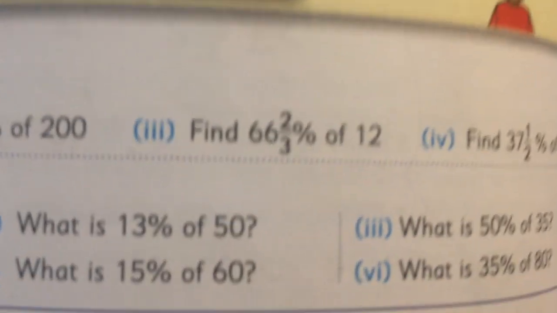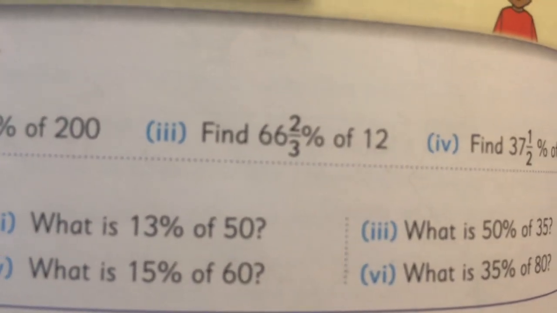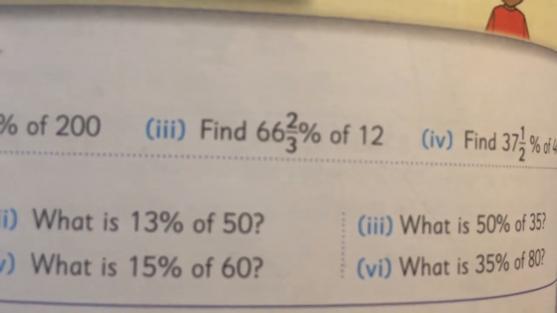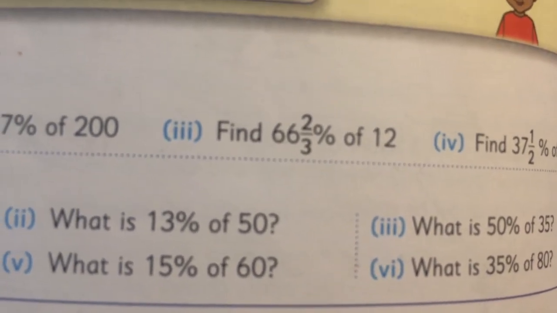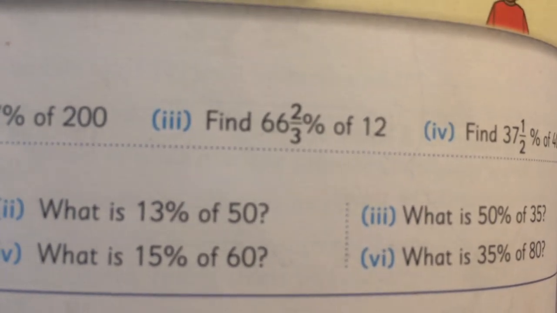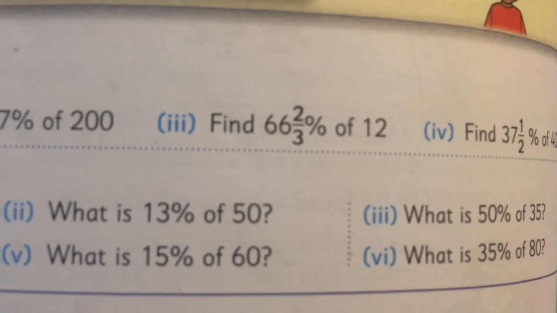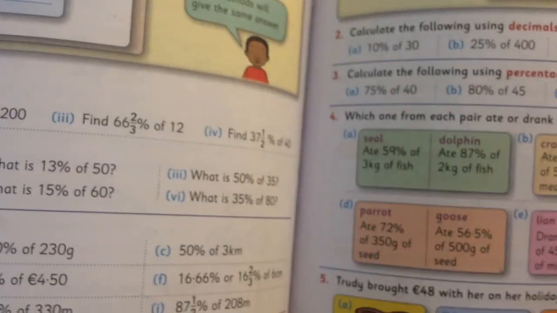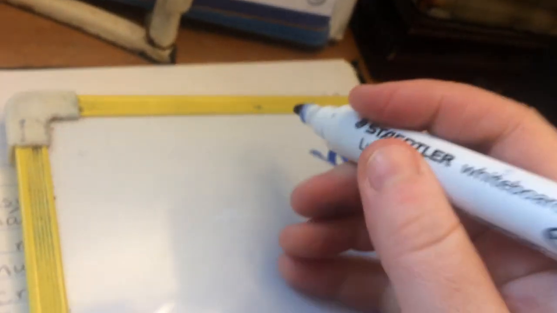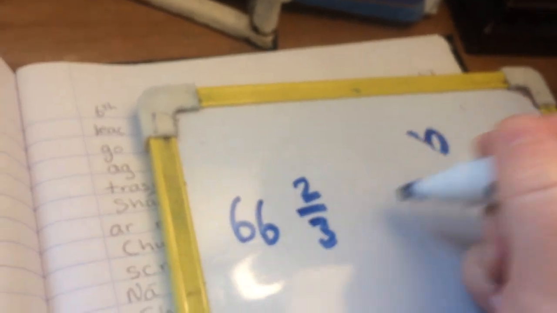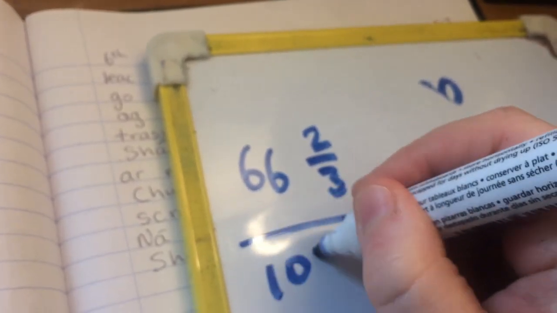Okay, now there are 3 more there that I haven't done. Just look at question 3. It's 66 2/3. All right. So that is, as a fraction, you are going to have to multiply that by something to work it out. So I'll just write that up for you. Let's say we have 66 2/3 over 100.